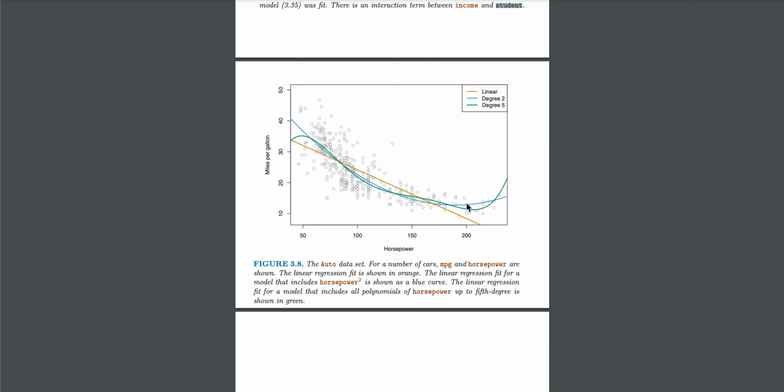Picking the right degree is itself an important problem, which falls into the category of model selection, and we will tackle it in future chapters.